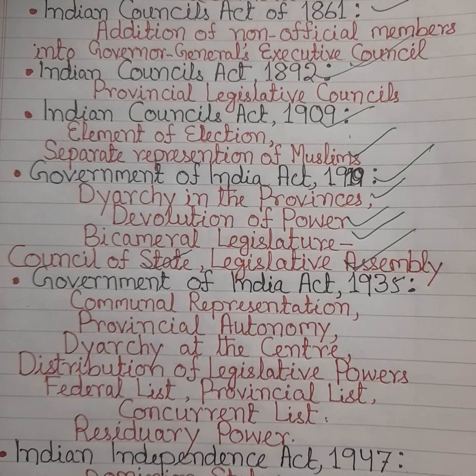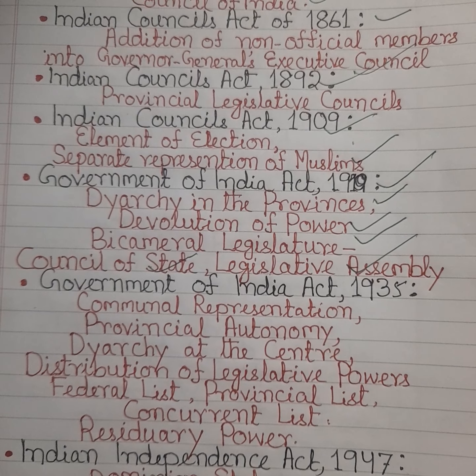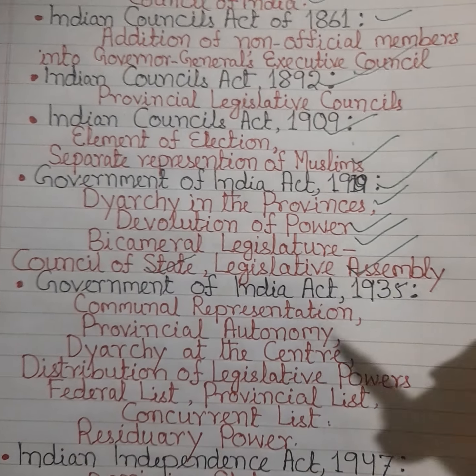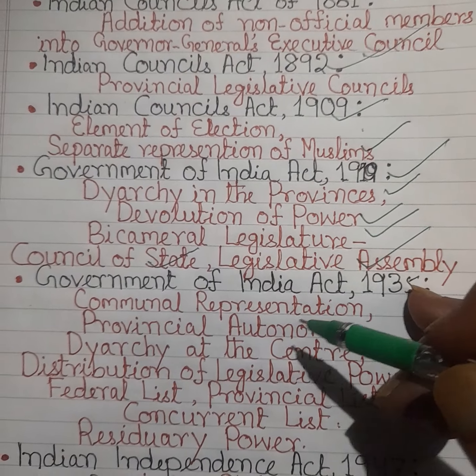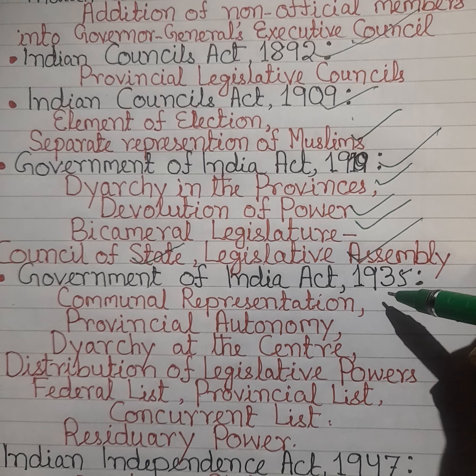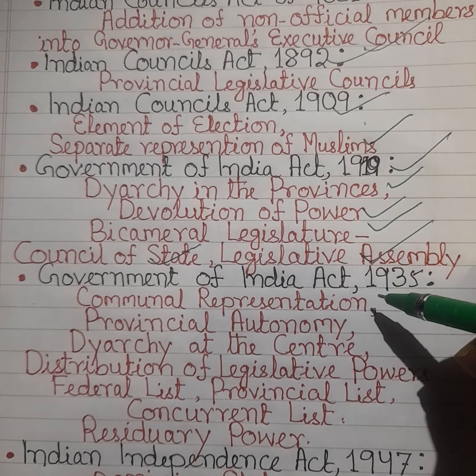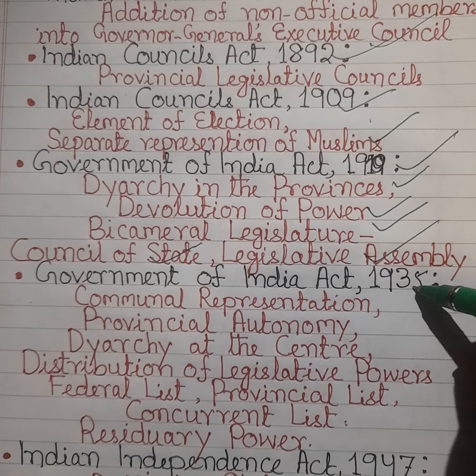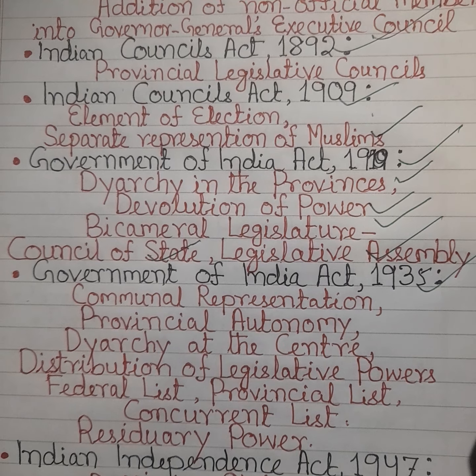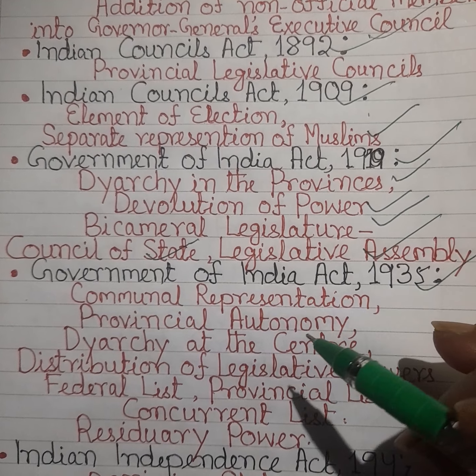council of state, also the legislative assembly, and subsequently the most important act that was enacted by the British Parliament was Government of India Act 1935.